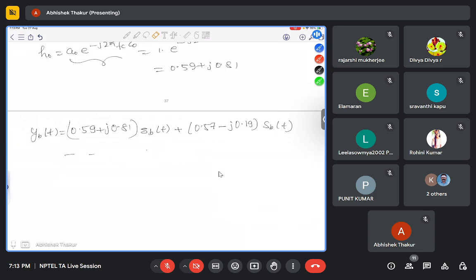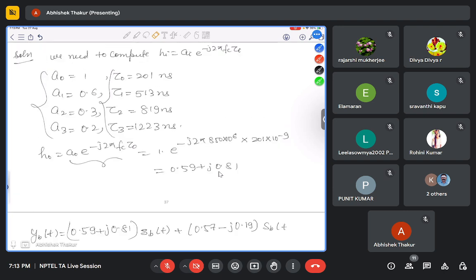We have to include the delay factor also. The first signal will be without delay. The second signal will be delayed with 201 nanosecond.